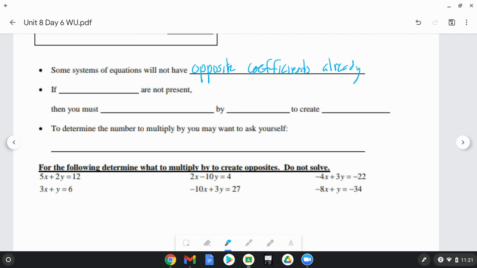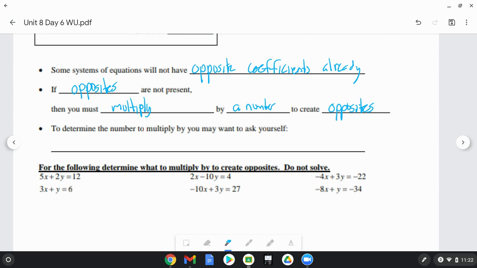So if you don't have opposite coefficients, this says if opposites are not present, then you must multiply by a number to create the opposites, like we did with the first example.